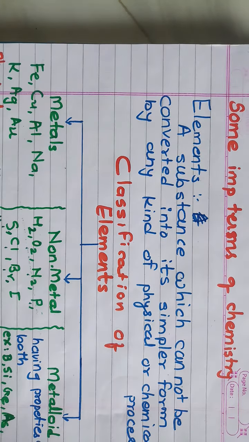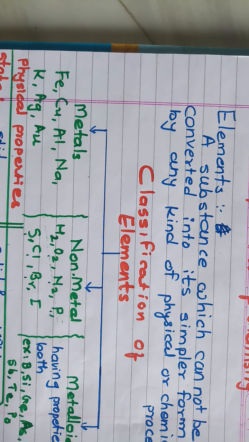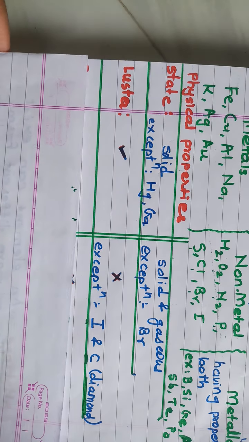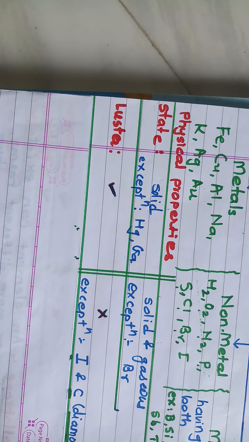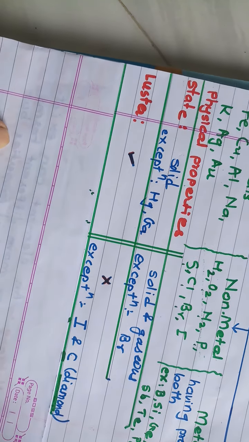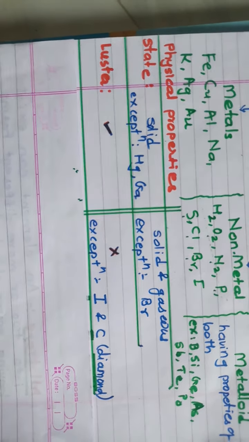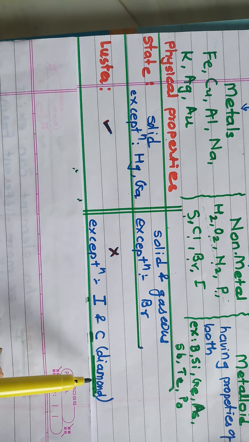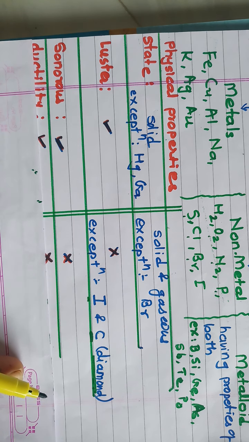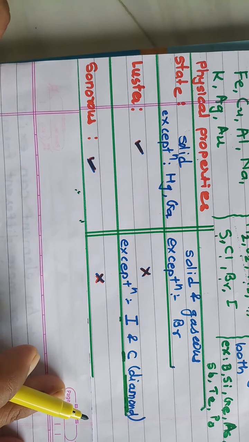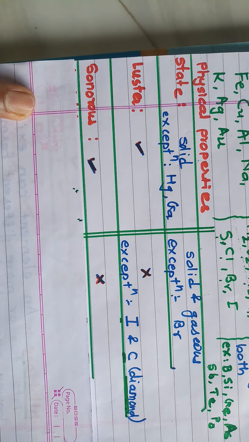Now we'll continue with the luster property: metals show the luster property whereas non-metals do not, and iodine and diamond, a form of carbon, are exceptional cases. Now another property is sonorous.